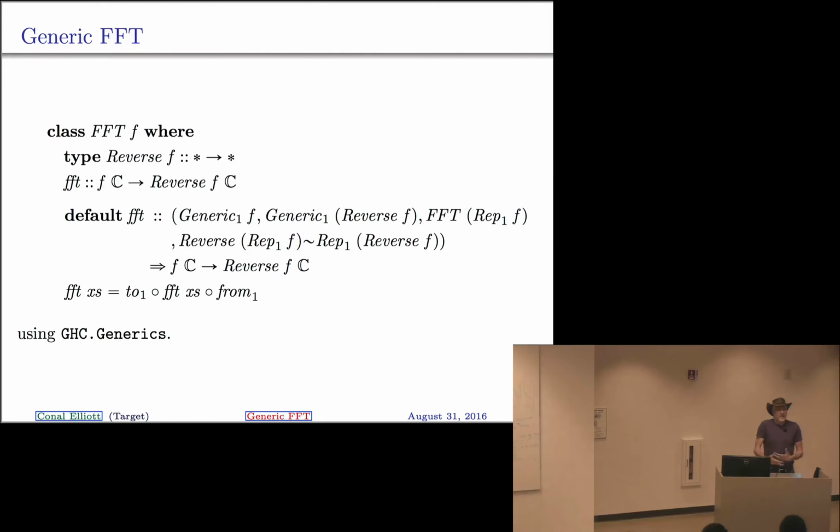So the punchline is here, if your data type is isomorphic to a combination of identity, uniform pair, or really uniform vector, and composition, then you have FFT. In fact, you could do better than that, better or worse, depending on how you look at it.